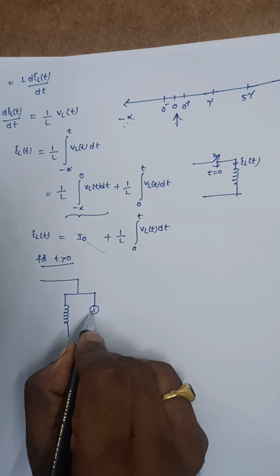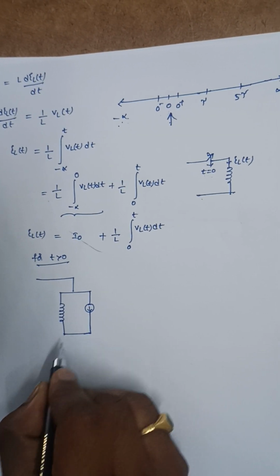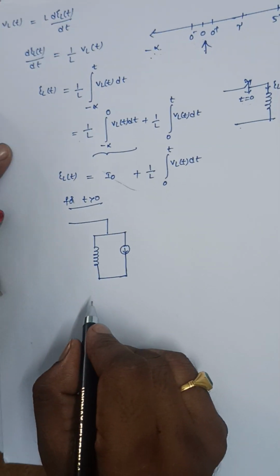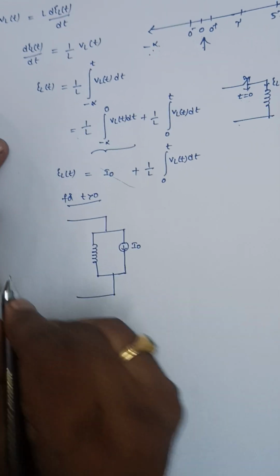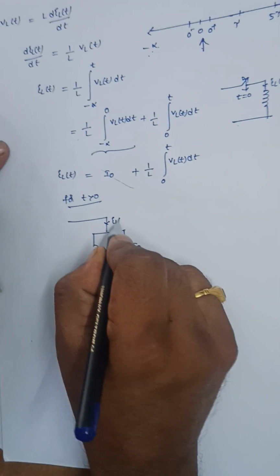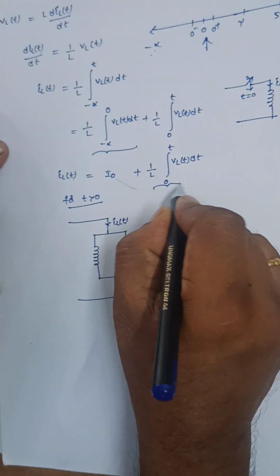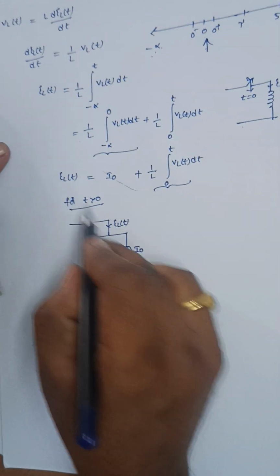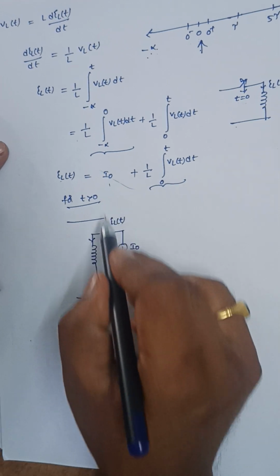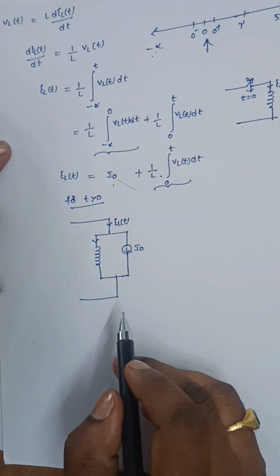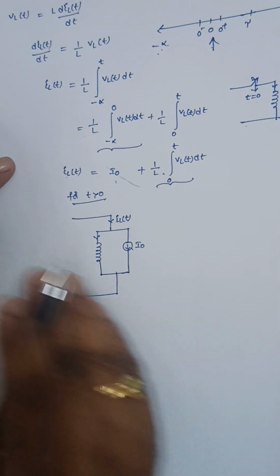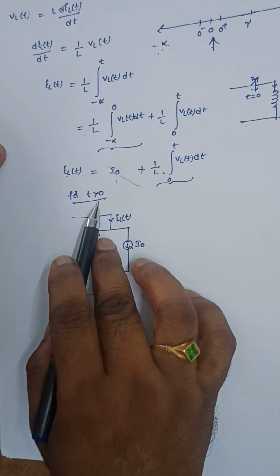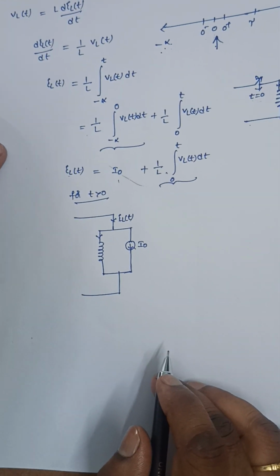Here it is I naught, and this is iL of t. This current is flowing like this. So iL of t is equal to I naught plus this current. This is how we need to represent the inductor for t greater than 0.